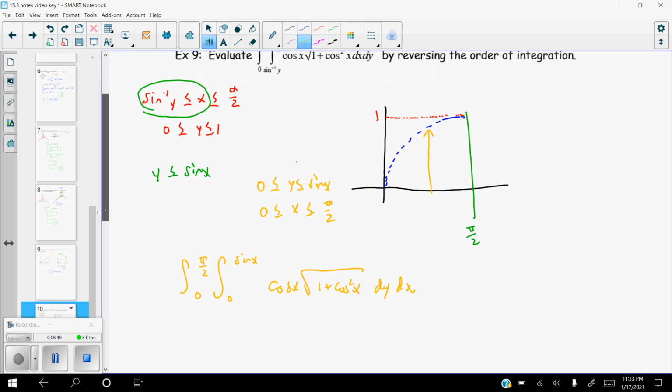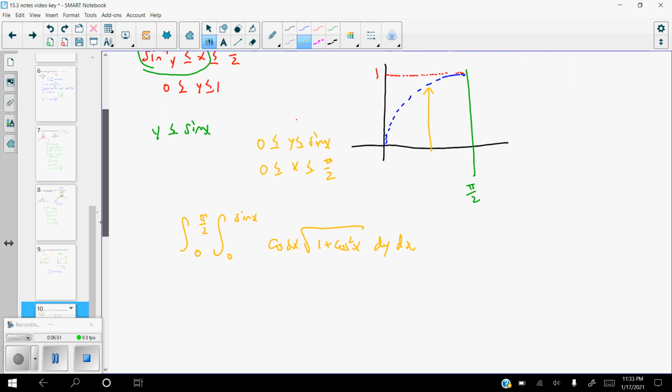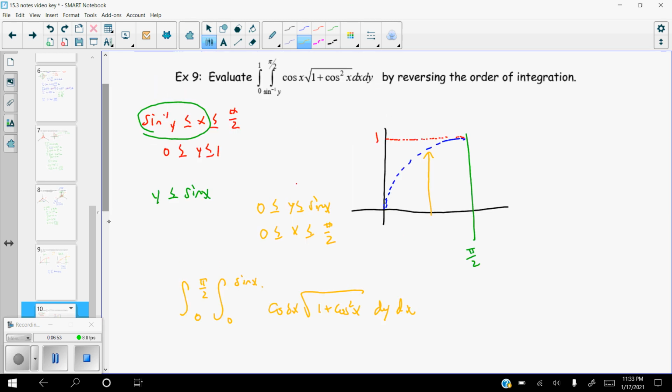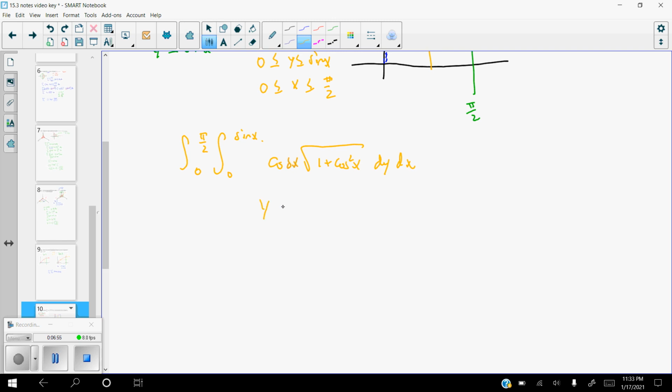So let's go ahead and do that. So we're going to get y cosine of x square root of 1 plus cosine squared of x evaluated from 0 to the sine of x, dx, 0 to pi halves on the outside.